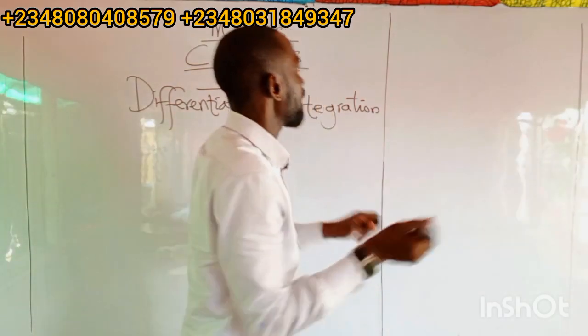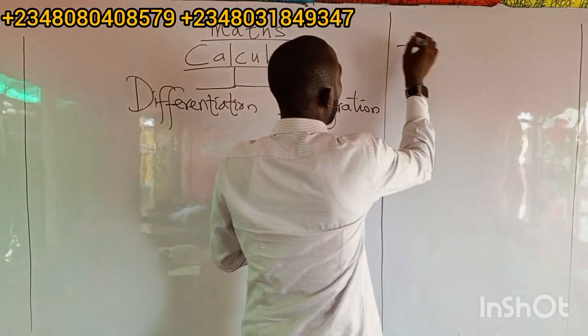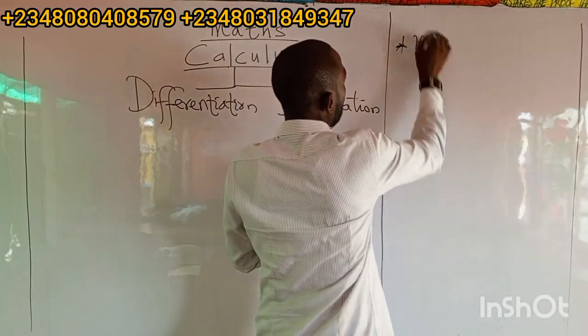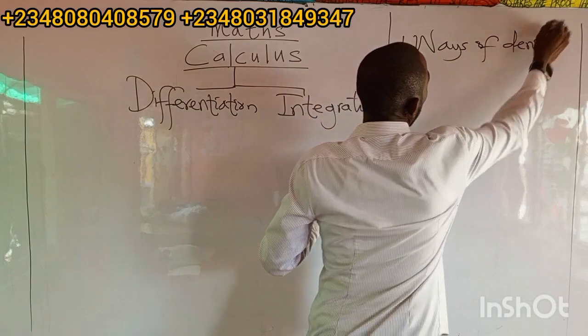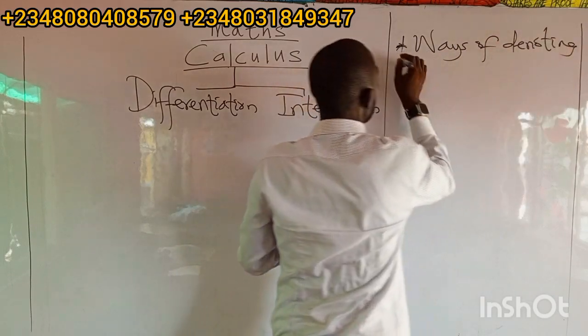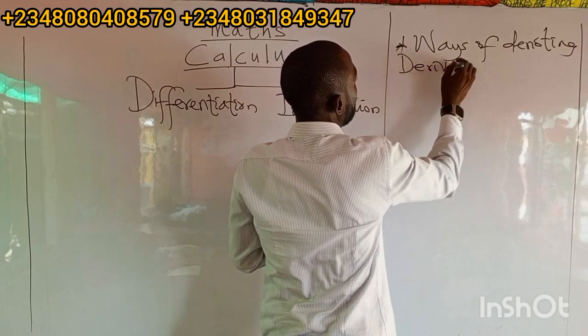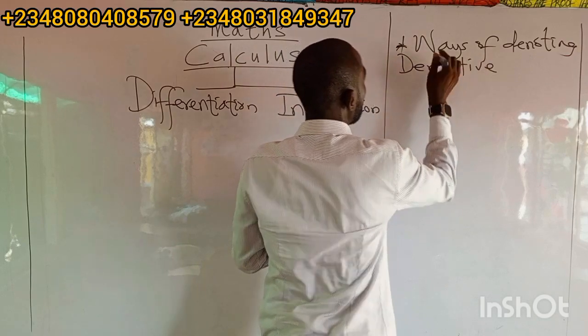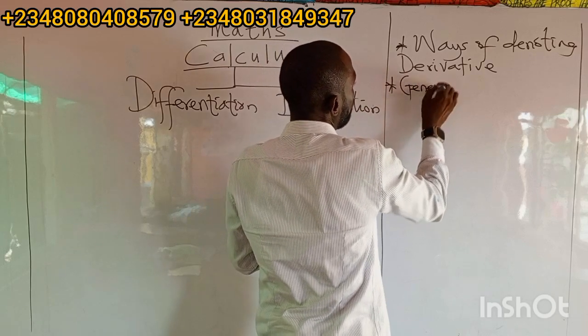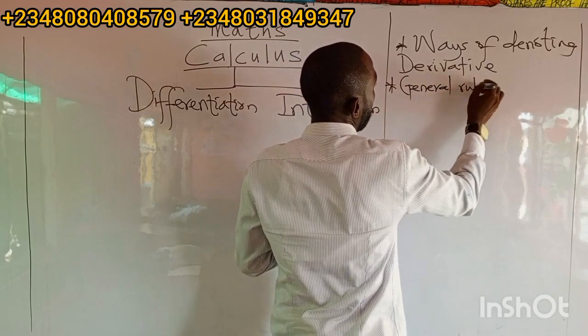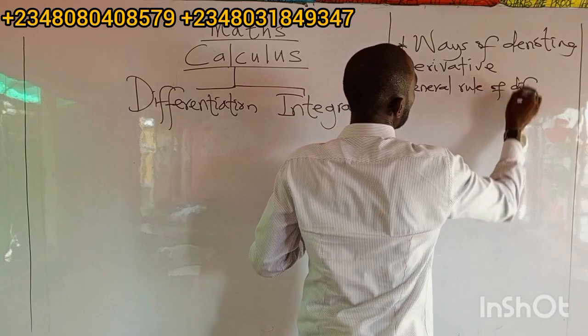So in this video, the first point is to look at the ways of denoting derivatives. Second, we look at the general rule of differentiation.